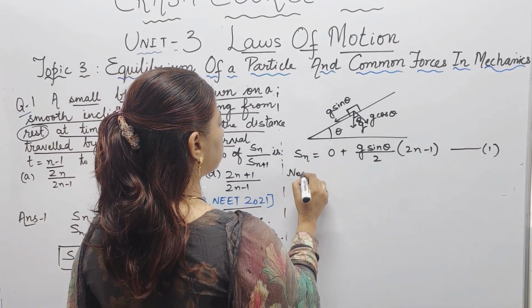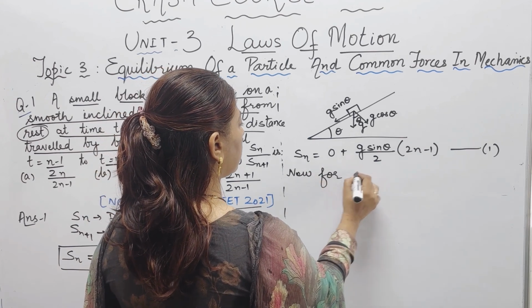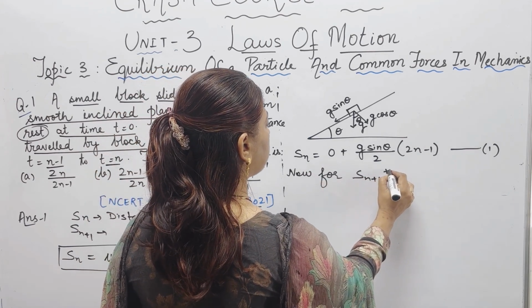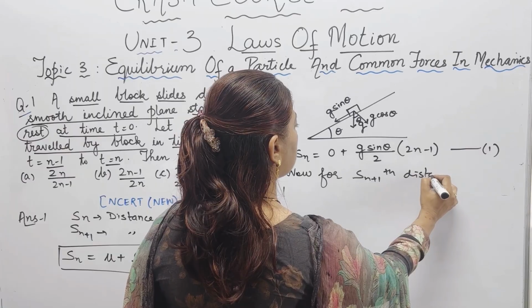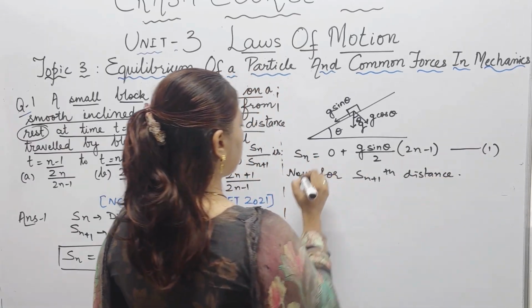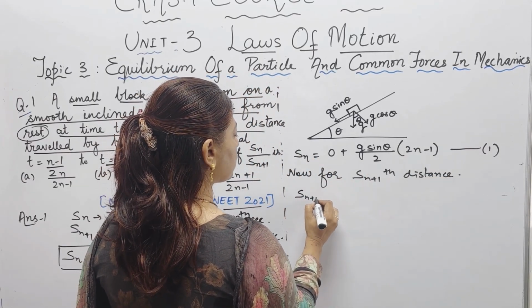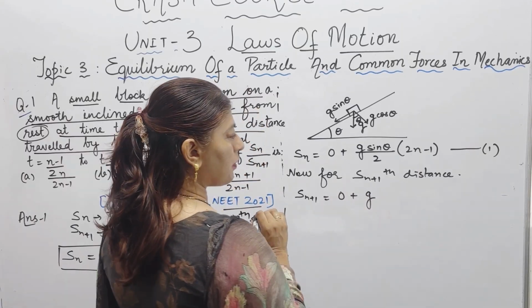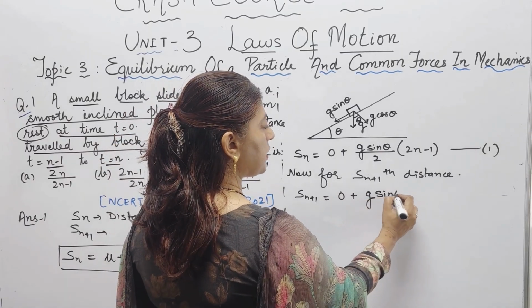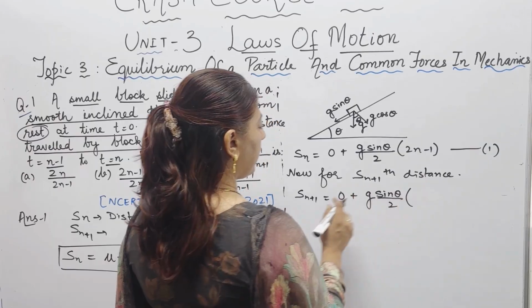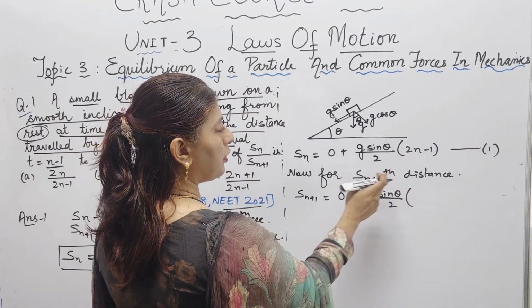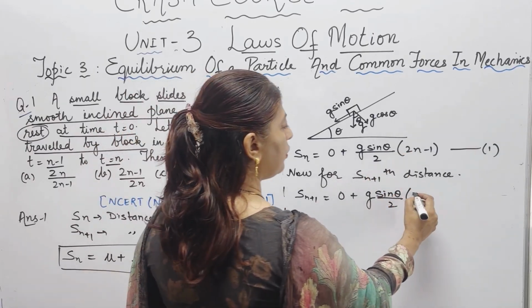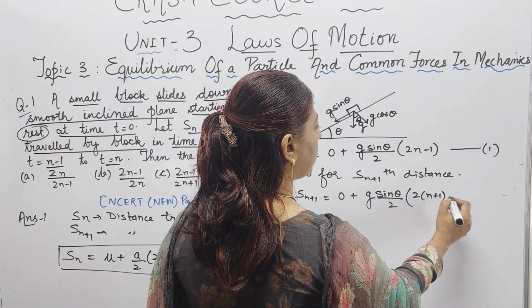Now for Sn plus 1th distance, इसके लिए हमारा फॉर्मूला हो जाएगा Sn plus 1, 0 प्लस, क्योंकि इसमें भी इनिशियल वेलोसिटी 0 रहेगी, g sin थीटा बाई 2. अब टाइम जो है हमारा वो n plus 1th आ जाएगा, तो यहाँ पे हम 2n plus 1 minus 1.